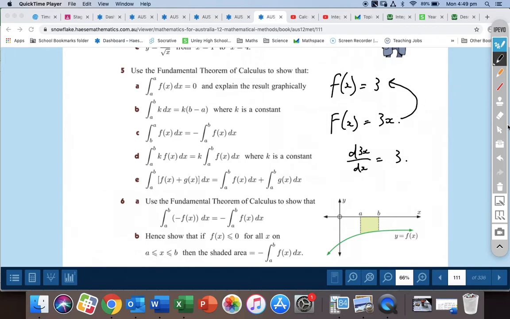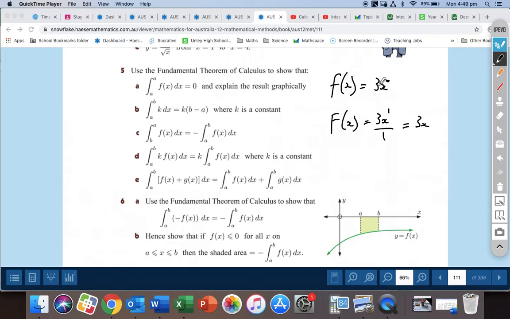You could think of it using the idea of adding a power. So imagine that this is x to the power of 0. I add 1, and then I divide by 1, and I get 3x. Okay.